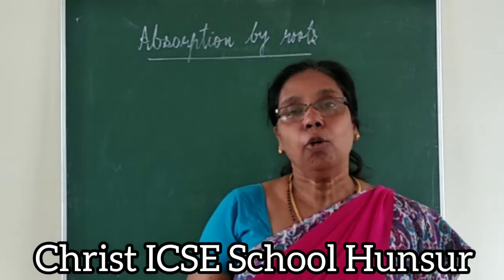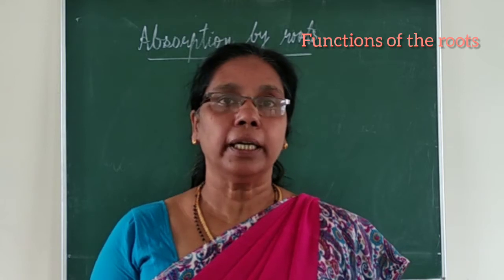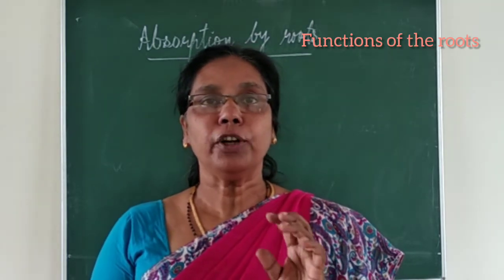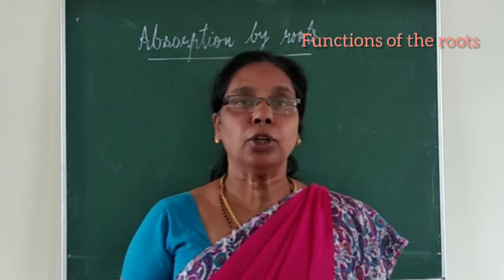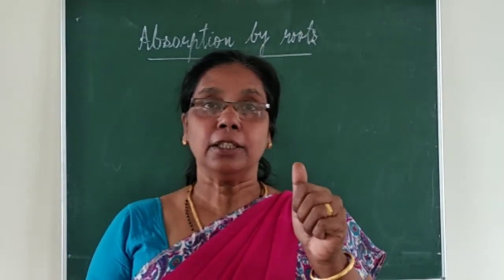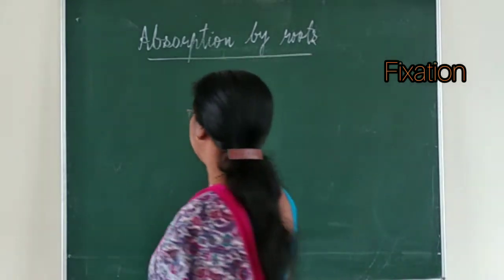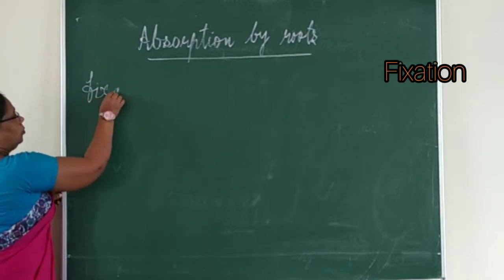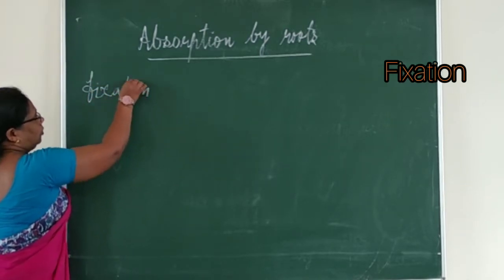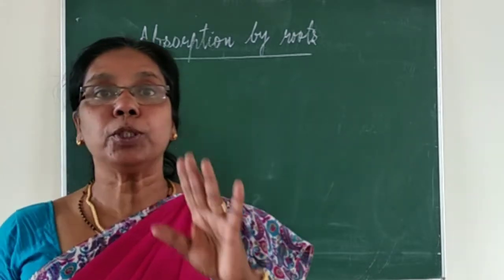Come on, tell me, what are the functions of the roots? You know it already. One of the main functions of the roots is to fix the plant in the soil. So, fixation. The second function of the root is absorption.